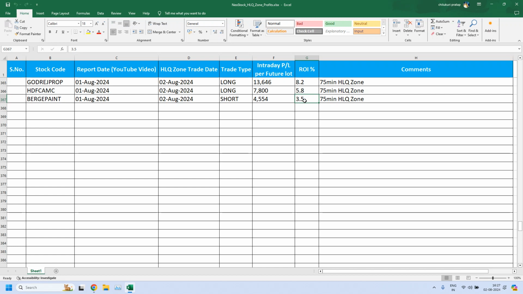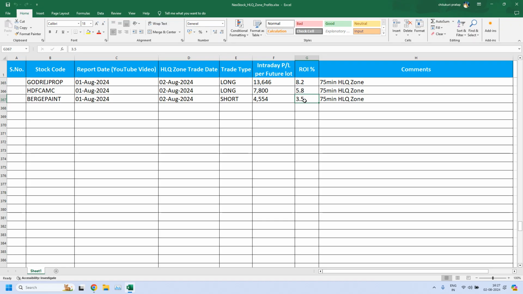And as you know, high liquidity zones are valid only on that day, and high liquidity zone trades won't be helpful to you. They are purely from a paid subscribers' point of view, because their validity is only 1 day. So those who are using free reports can't make use of high liquidity zones.